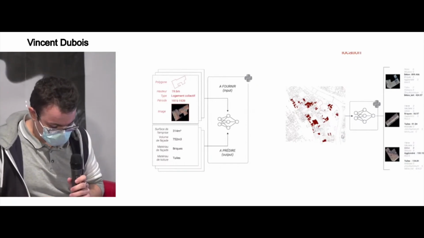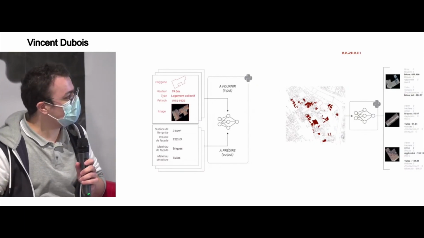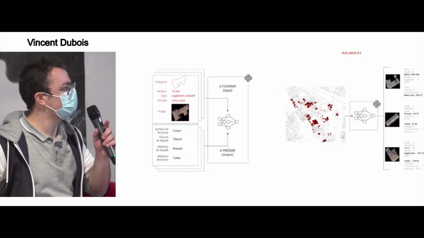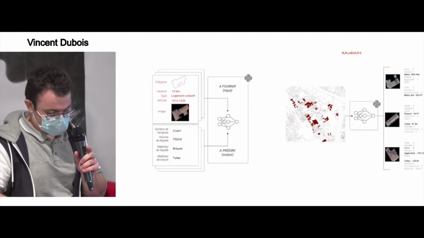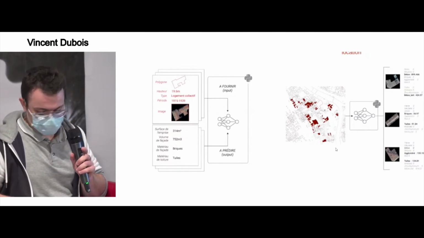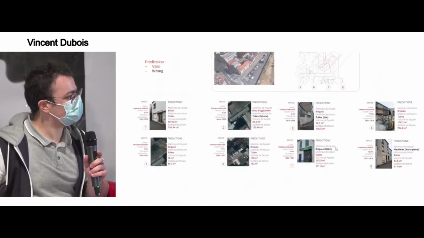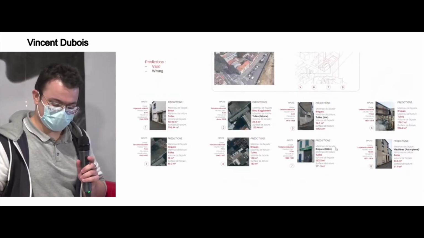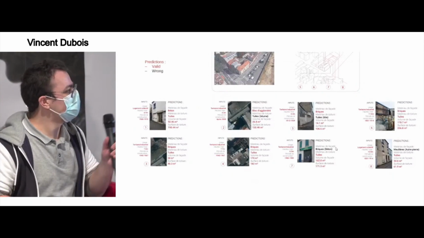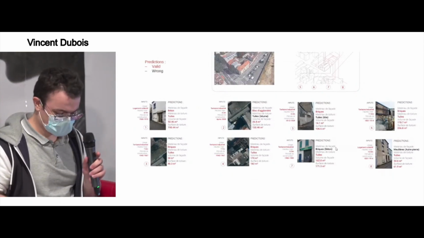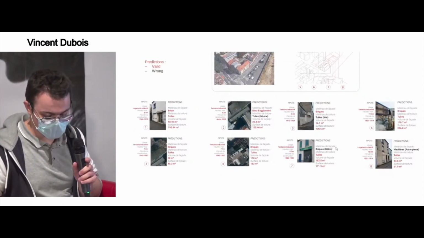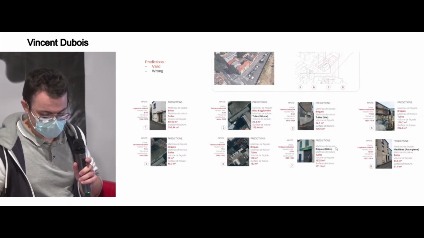So, of course, after applying, as you can see on this map, the algorithm to my 150 buildings, I decided, like the previous test, to evaluate with some buildings that I selected, and I had a really satisfying accuracy.